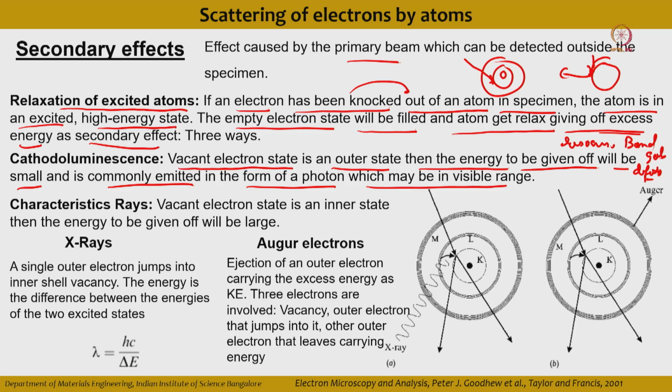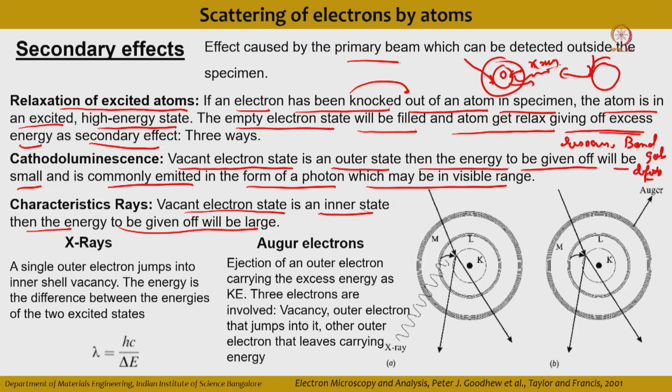Here the vacant electron state is an inner state, so the energy to be given off will be very large, because the electrons are bound towards the nucleus. So, they need higher energy to knock out. Whenever an electron is knocked out from the inner shell, if the outer shell electrons go and occupy the inner shell vacancy, they will produce X-rays.